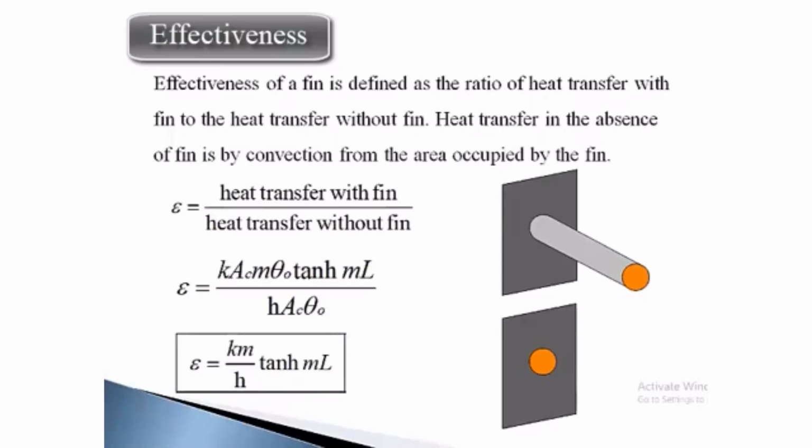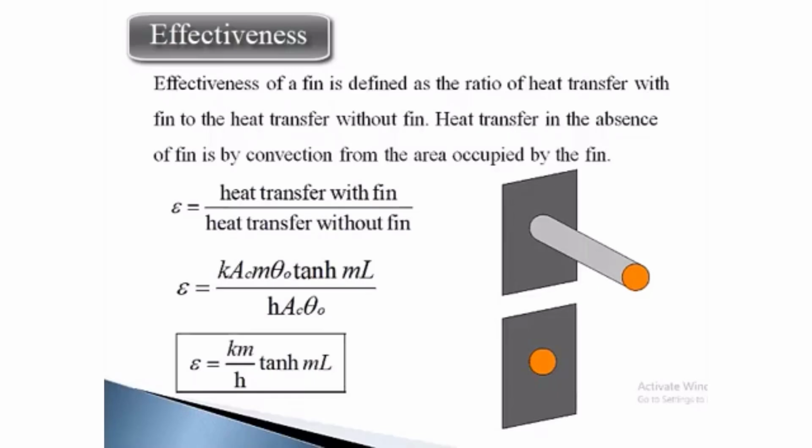Always the intention of providing a fin is to increase the heat transfer. So by providing the fin, the heat transfer should increase. It should multiply. If it reduces, that means it is blocking the heat flow.